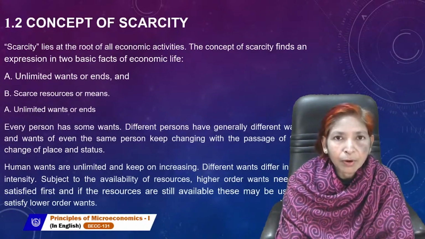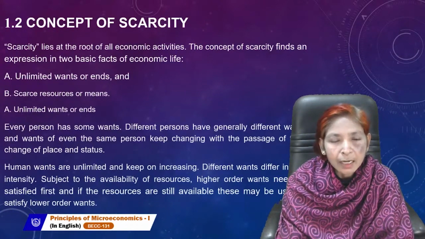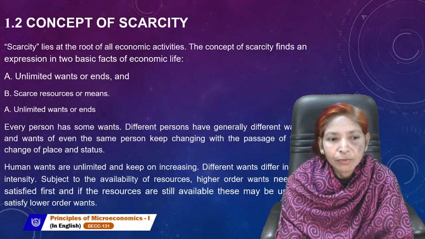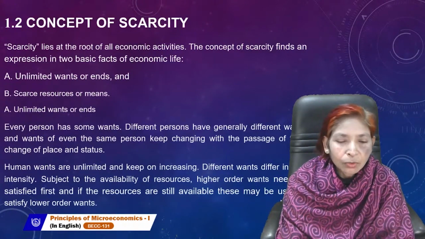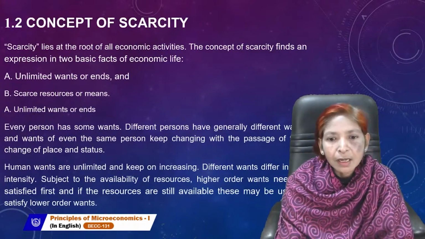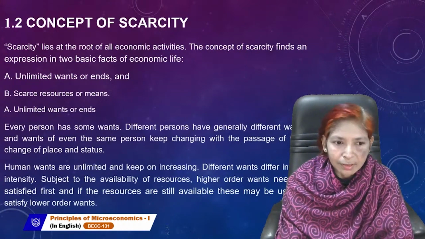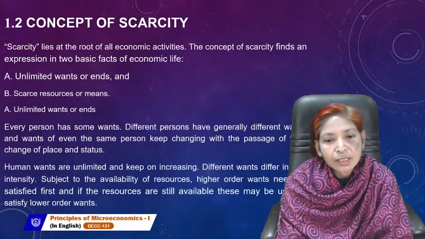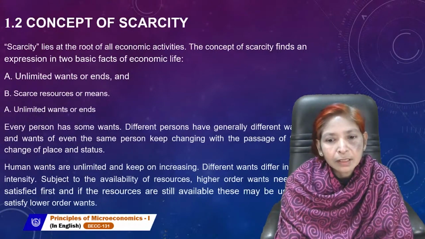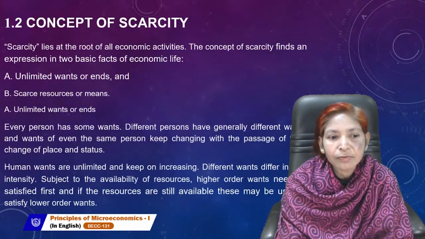Intensity depends upon the priority and preferences of our wants. Subject to the availability of resources, higher order wants need to be satisfied first. And if resources are still available, these may be used to satisfy lower order wants.